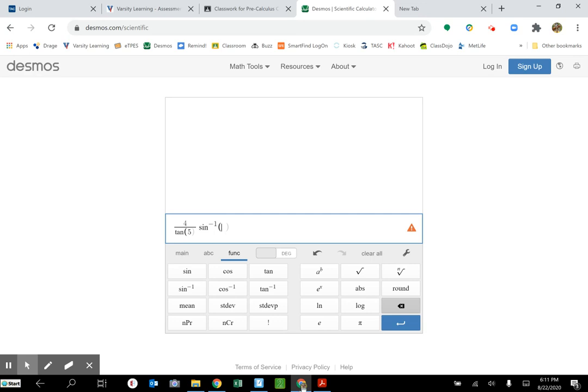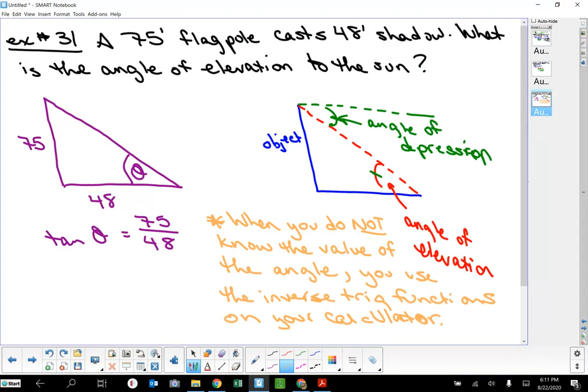All right, so what we're going to do here is use the inverse tangent button and just put this number in. 75 divided by 48.